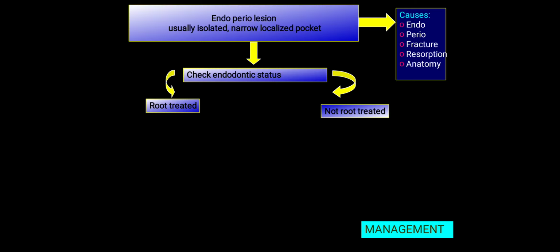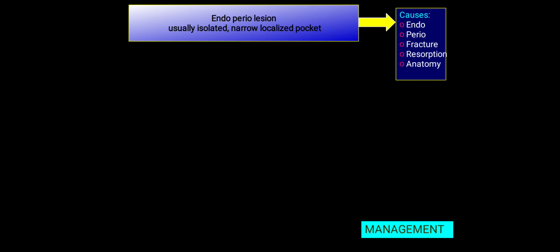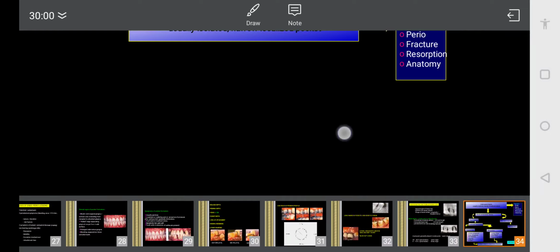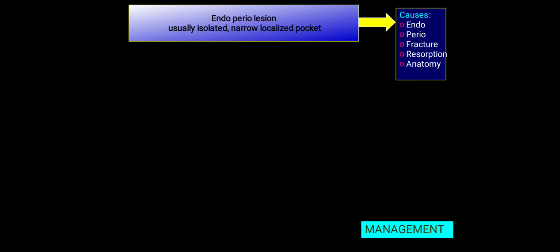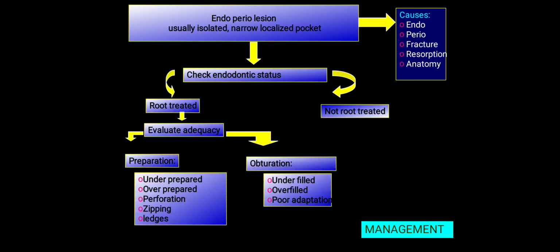We check whether the tooth is root canal treated or not. If it is root canal treated, then we have to evaluate the adequacy of the treatment: whether the cavity preparation is under-prepared or over-prepared, whether any perforation is there or not, and whether any zipping or ledge is there or not.